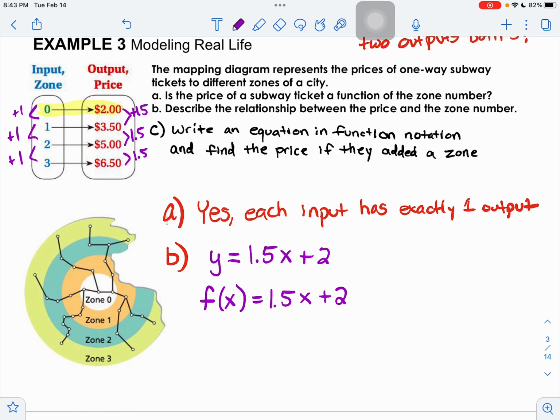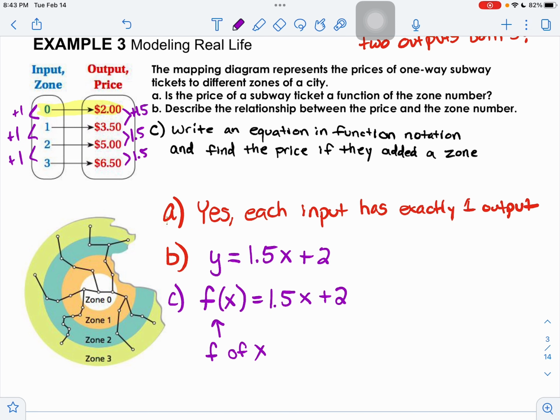Okay, you'll notice I didn't change anything to the right side of the equation. All I did on the left was, again, I replaced y with this term, which we read f of x. Okay, f of x. So again, all that means is it's the y value.